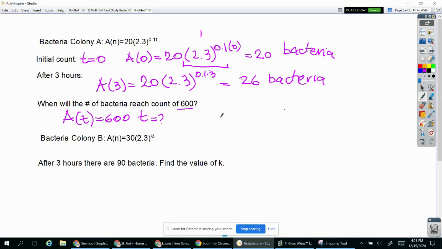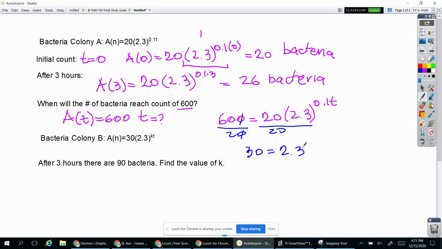So we have over here 600 equals 20 times 2.3 raised to 0.1t. To solve this, divide both sides by 20. We're going to have over here 30 equals 2.3 raised to the 0.1t power.